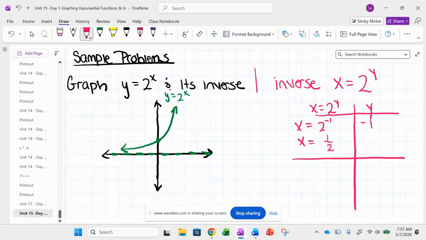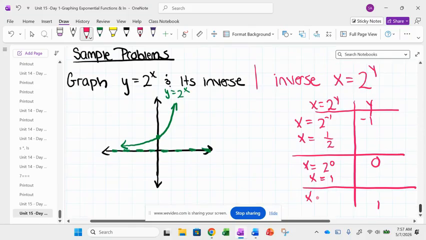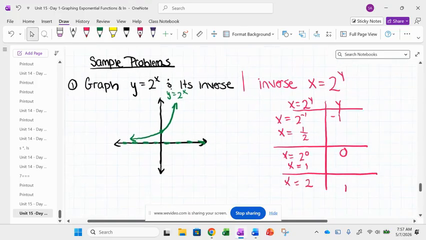Okay, so that's when y is -1. Let's do 0. When y is 0, x is what? All right, let's do +1. When y is +1, x is 2. So let's plot those points.